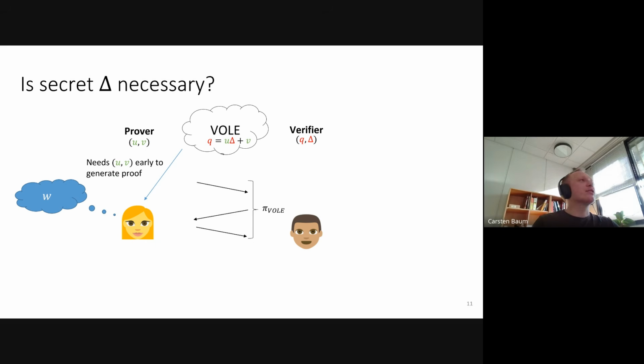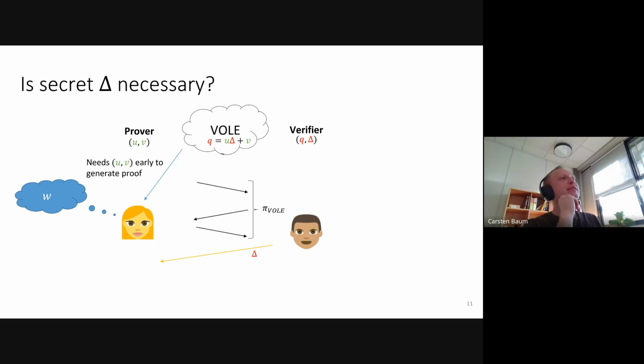At no point does the verifier need anything from those VOLE correlations so far. There's just no interaction where he does anything based on those VOLEs. So until now, the verifier could actually have been silent, except for sending random bit strings as challenges in the ZK proof. And now we're in the situation where the verifier would like to verify. But he hasn't gotten Q and delta yet. So what are we going to do?